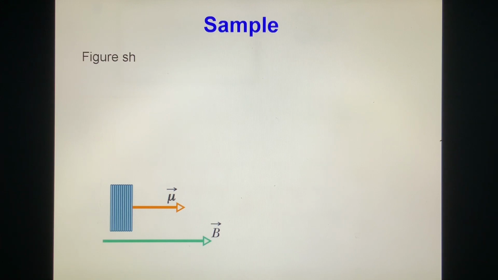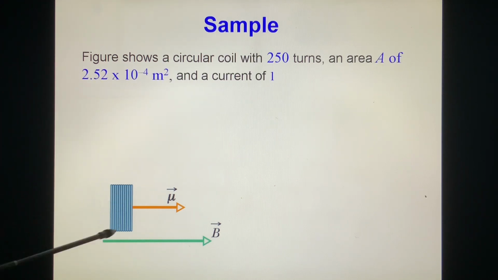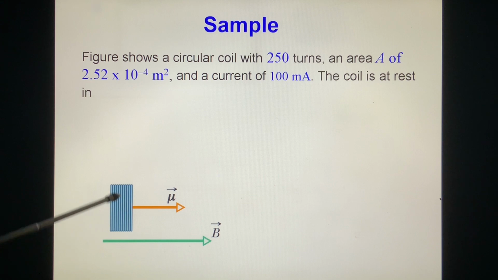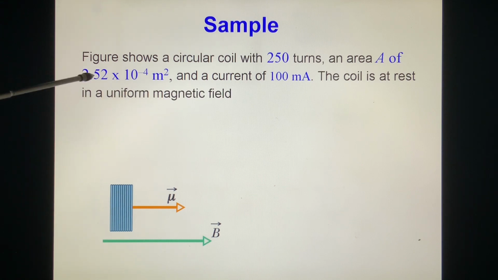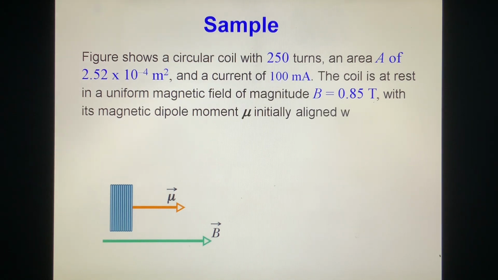Sample. The figure shows a circular coil with 250 turns, an area A of 2.52 times 10 to the minus 4 square meter, and a current of 100 microampere.